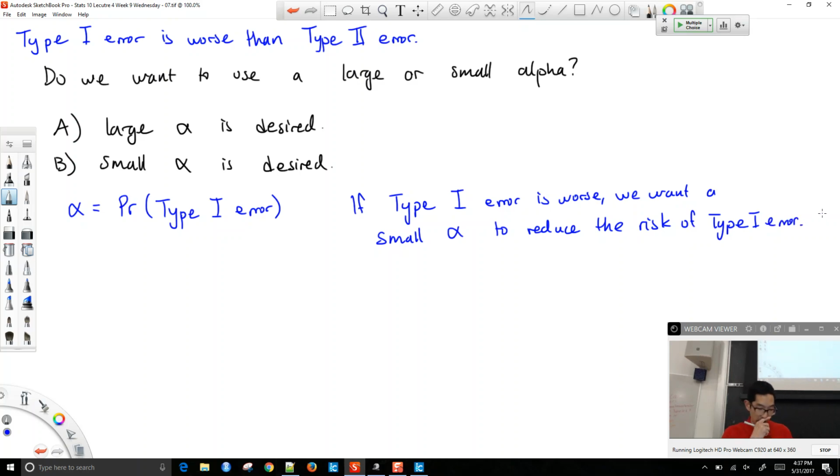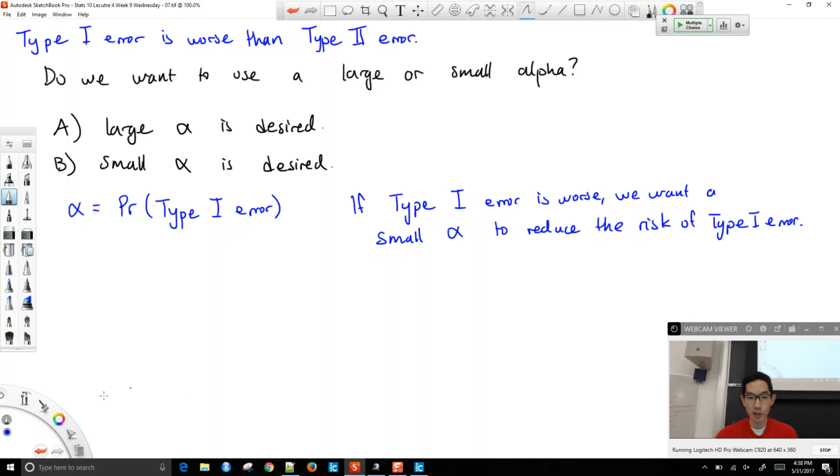Okay, and they actually say this. If you were to serve on a jury, and they're talking about when you make the sentence or decision, they don't say use a small alpha in your decision making process, but what do they tell the jury? Reasonable doubt. They say beyond a reasonable doubt, right?